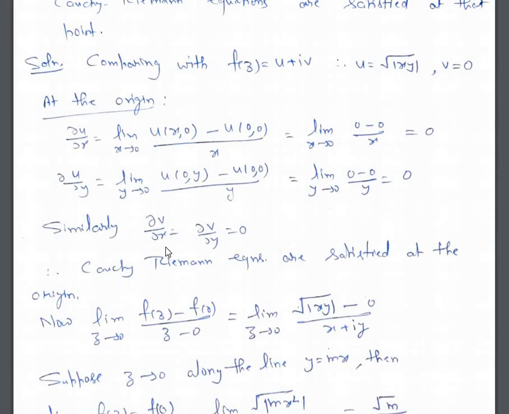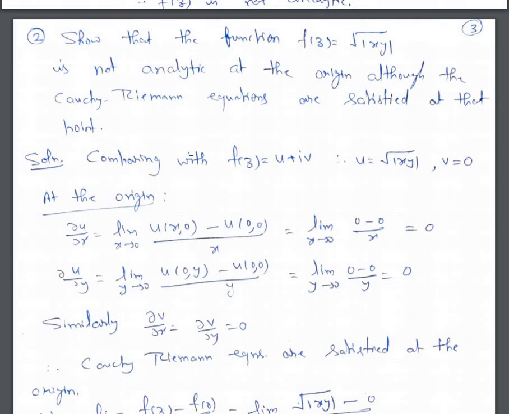Similarly, we will see that ∂v/∂x and ∂v/∂y are also equal to 0. So Cauchy-Riemann equations are satisfied at the origin, because ∂u/∂x is equal to ∂v/∂y, and ∂u/∂y is equal to minus ∂v/∂x. So the first part is over.